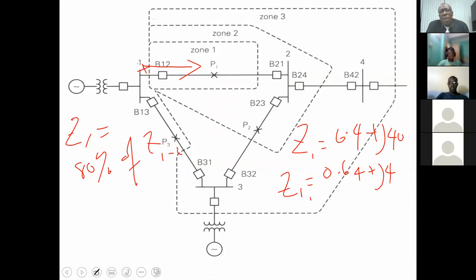But of course, we know by now that complex numbers is a concept, and we don't have an imaginary axis. So it means that for the setting ZR1, find the modulus of this, and of course the angle.